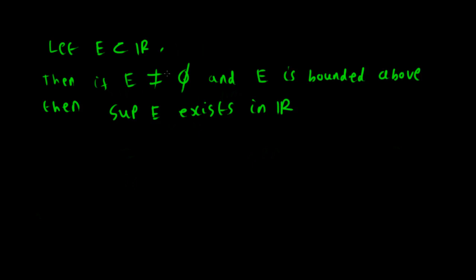So this is telling you that if E is not empty, so there's at least one thing in E, and it's bounded above, then the supremum exists and is some real number. And this is called the completeness axiom, or the completeness of the real numbers.